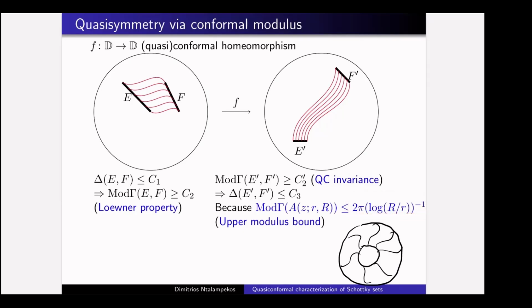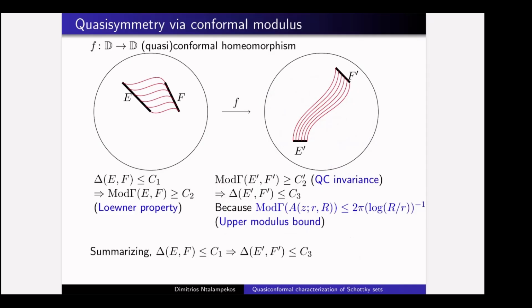Now, since we are in the disk, if we take an annulus that looks like this, so we take just a part of the annulus, then the modulus is bounded from above by 2 pi times the logarithm. Now this, which I call the upper modulus bound, is enough to give this implication. So the proof, summarizing what we have shown, is that if the relative distance of E and F is bounded from above, then the images have the same property.